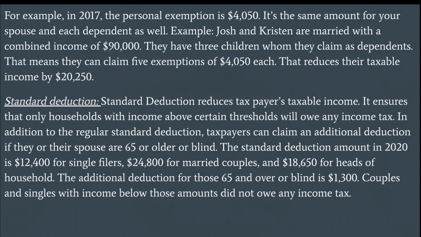The standard deduction amount in 2020 is $12,400 for single filers, $24,800 for married couples, and $18,650 for heads of households. The additional deduction for those 65 or over or blind is $1,300. Couples and singles with income below those amounts owe no income tax.